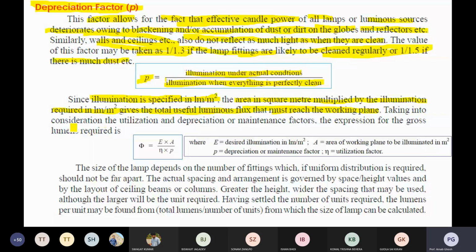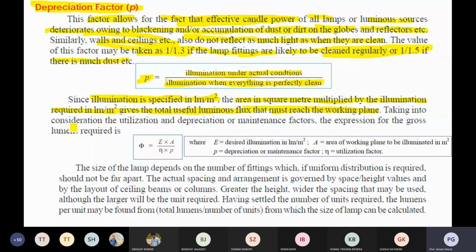So you have to design the ceiling beams and the columns. Greater height means greater spacing may be used, and also the larger will be the unit required.